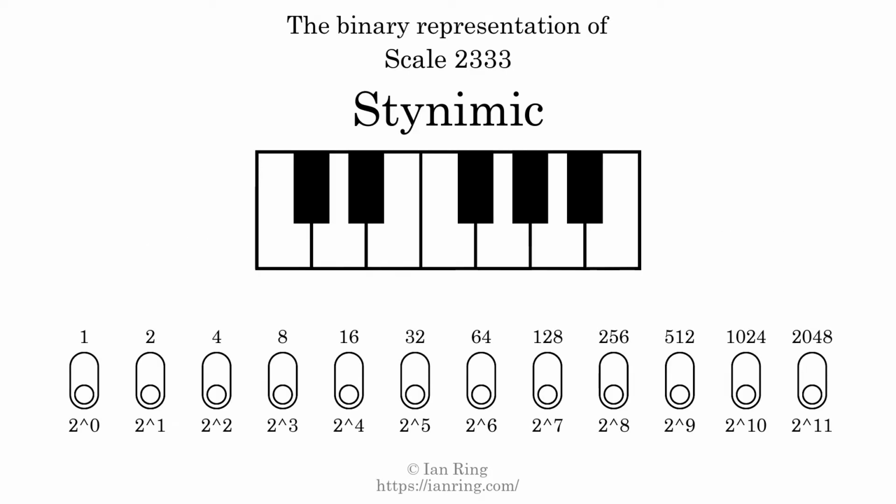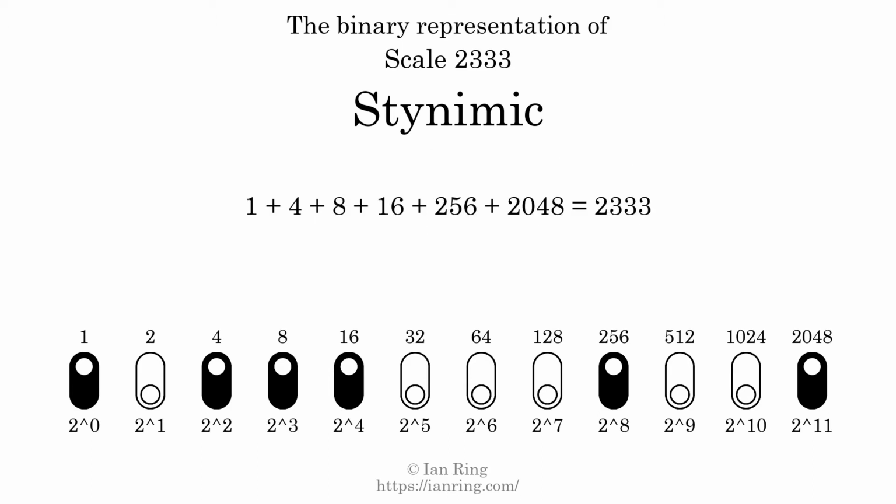The binary representation of this scale is determined by mapping tones of the scale to binary digits. Each binary digit represents a power of 2. To get the scale number, we add the powers of 2 together. The powers of 2 that are present in the scale, all added together, equals 2333.